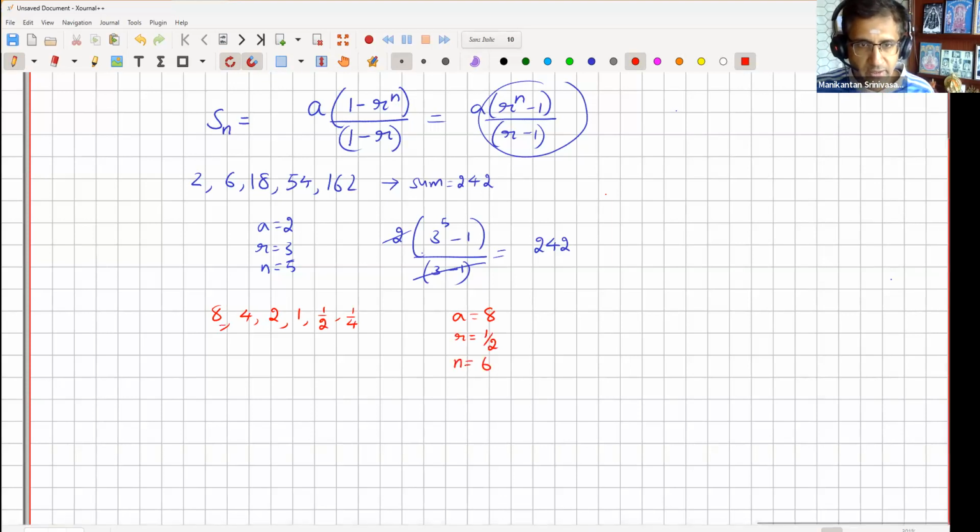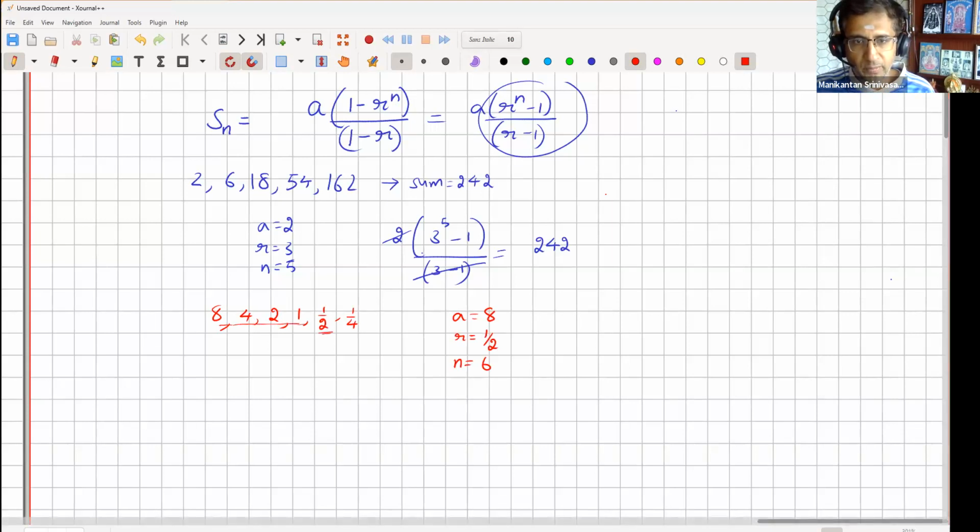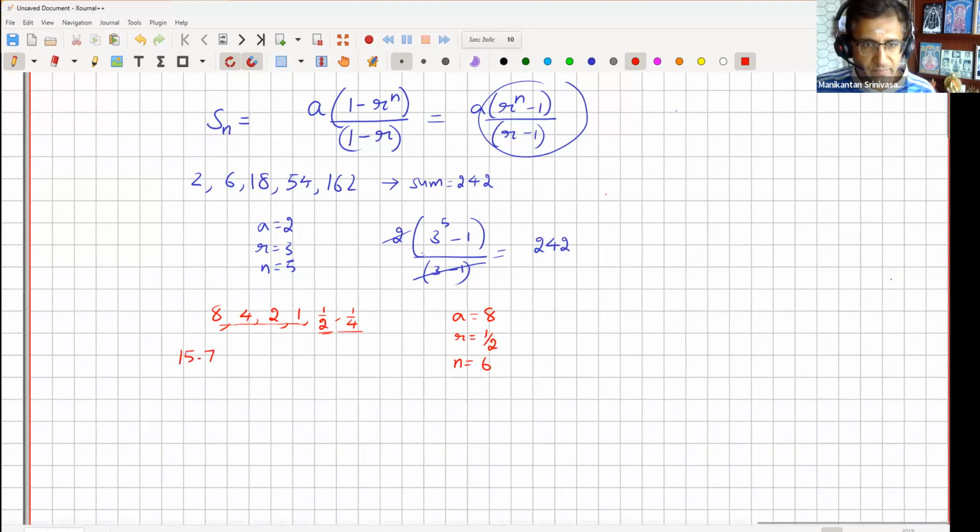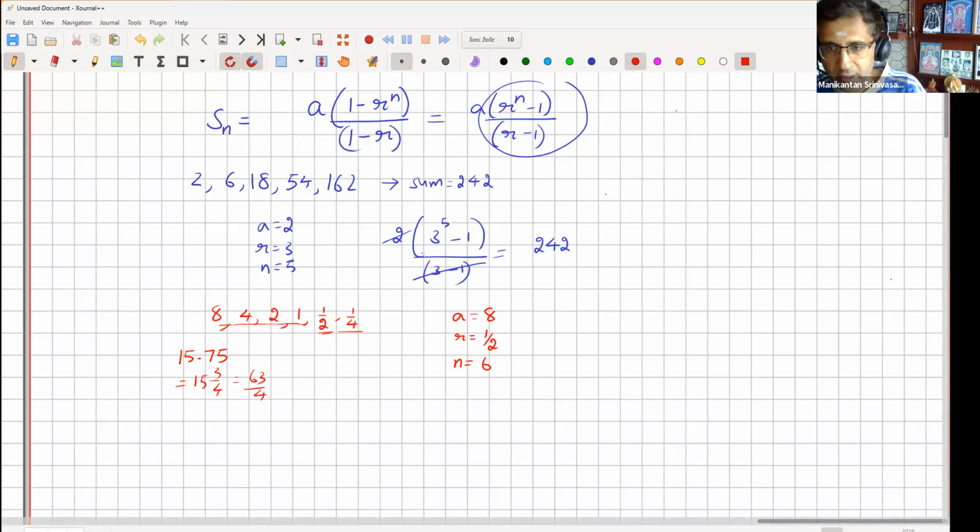So what is the sum? 8, 12, 14, 15, 15.75. So the expected sum is 15.75, or 15 3/4, or if you want to write it like this, 63 upon 4. Let's see what we get. So a times, now I'll use the 1 minus r power n because r is less than 1, just to avoid negative numbers both in the numerator and denominator.